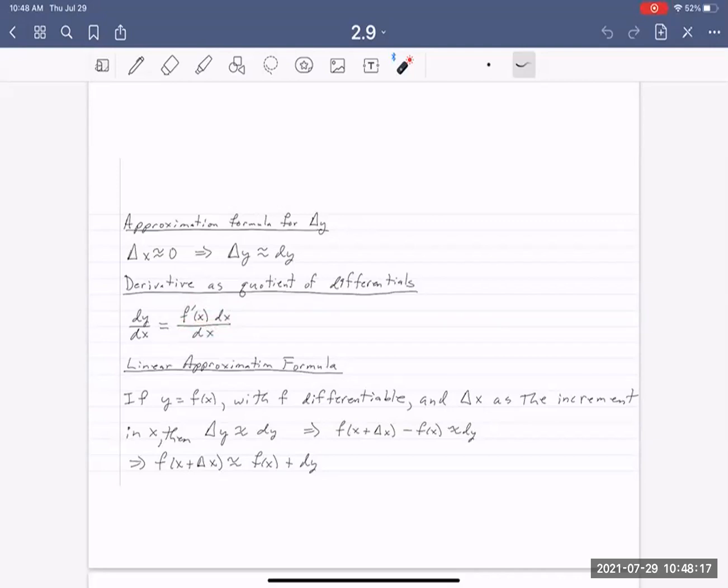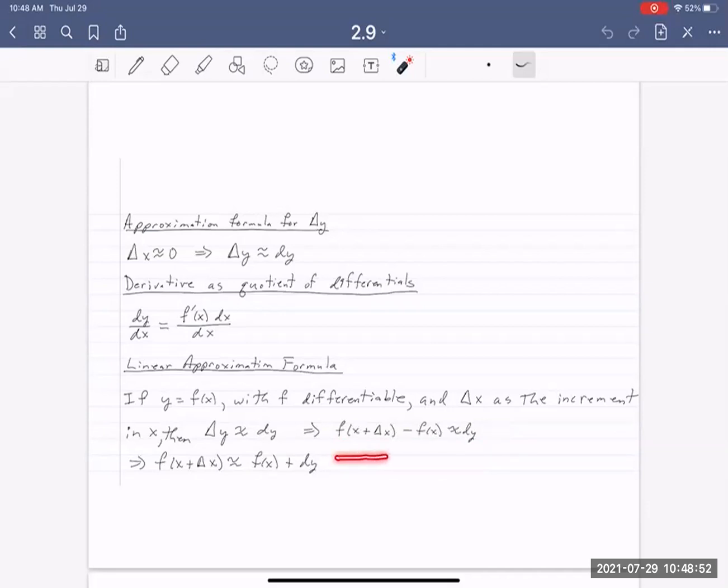So let's talk about how to approximate. And so the linear approximation formula. Let y equal f of x with f being differentiable, and let delta x be some increment in x, then delta y is approximately dy. Therefore, the change in y is approximately dy.